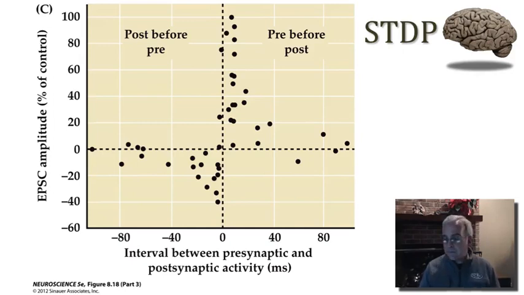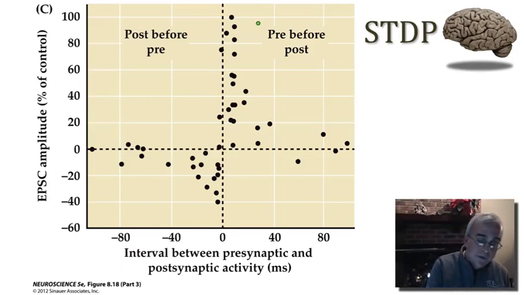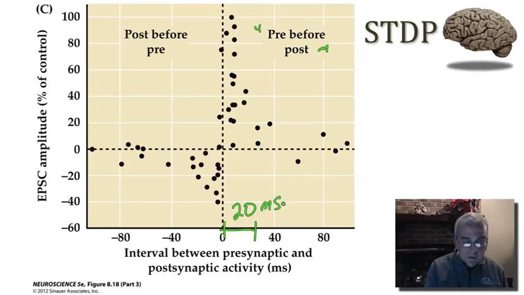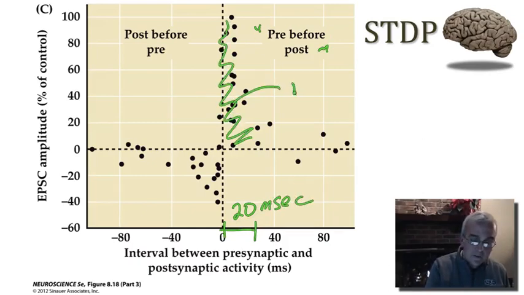So spike timing dependent plasticity has been a framework based upon data such as what we've seen previously. Here in this figure, we see that when presynaptic activity comes before postsynaptic activity within a fairly short interval of about 20 milliseconds or so, then we see long-term potentiation.